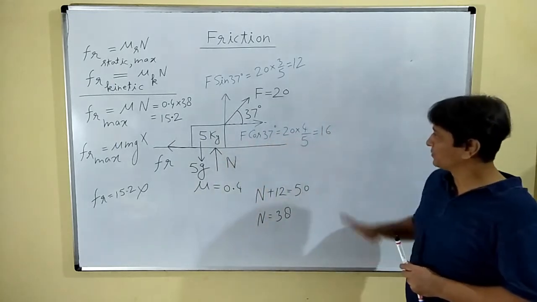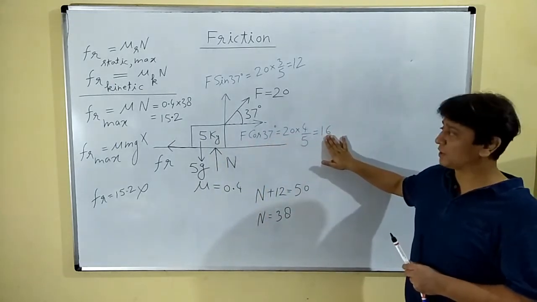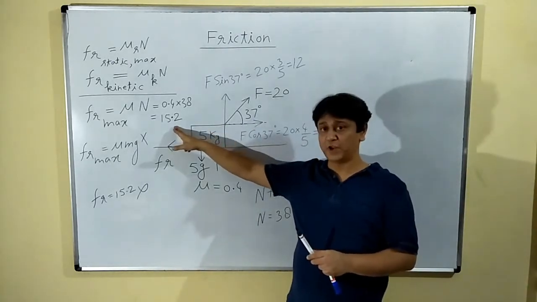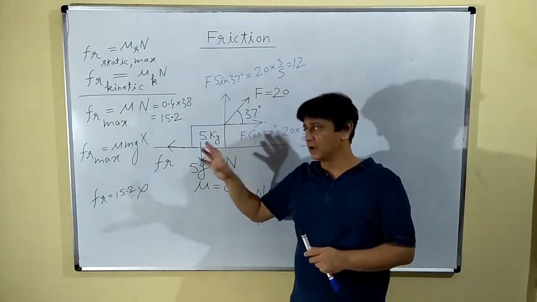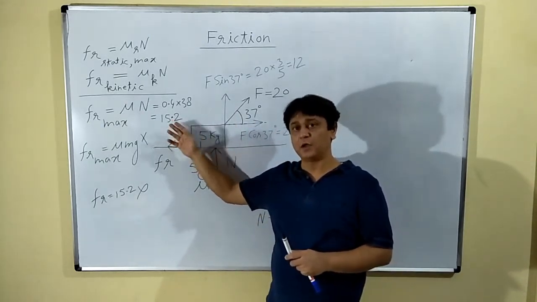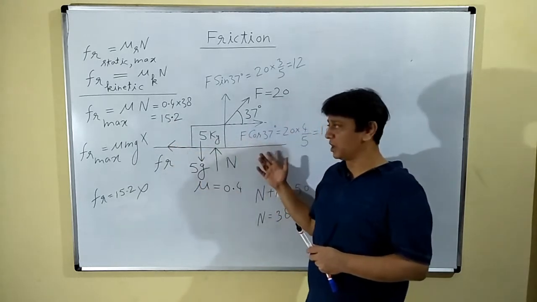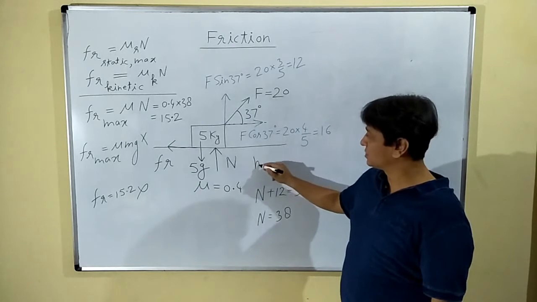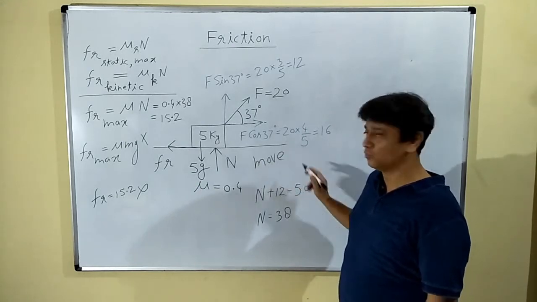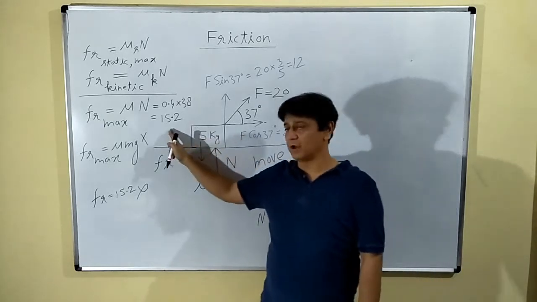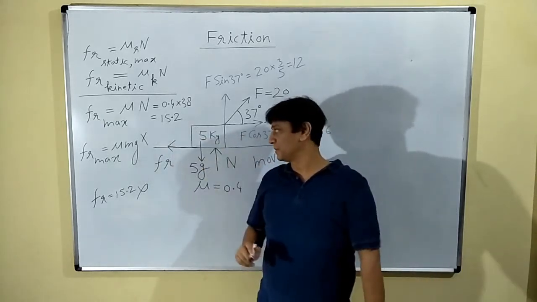And therefore 16 you can see exceeds what? 15.2. अगर 16, 15.2 से ज्यादा है, which means this body, first of all we have decided, is going to move. क्योंकि ये खींचने वाले लोग रोकने वाले लोगों से ज्यादा हैं.